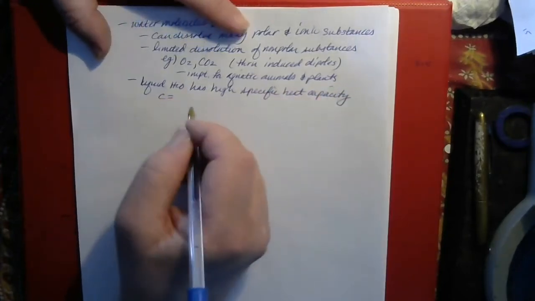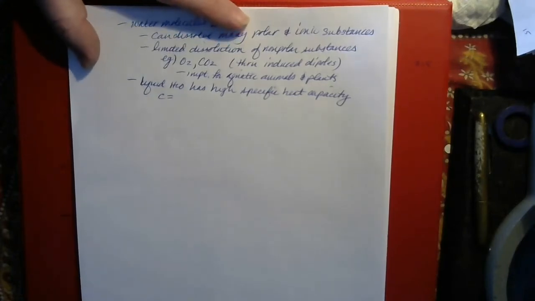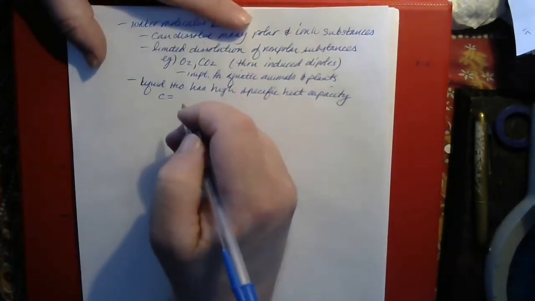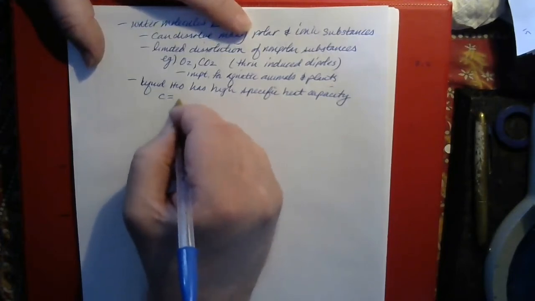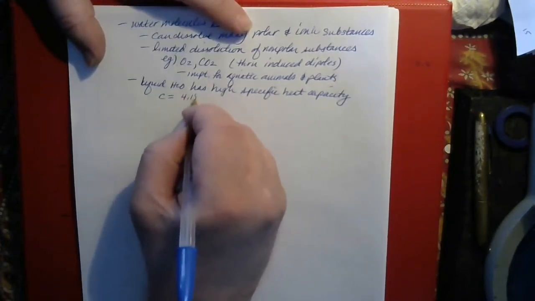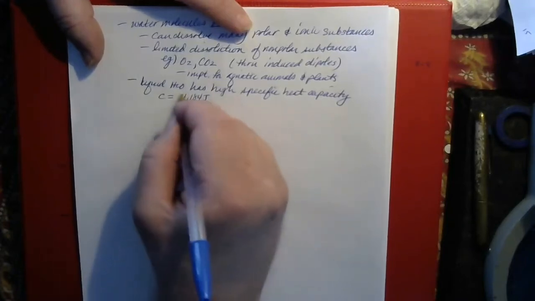If you remember from when we totaled up the energy to heat up a mole of water from -25 to 125, the specific heat capacity for liquid water is 4.184 joules per gram degrees Celsius.